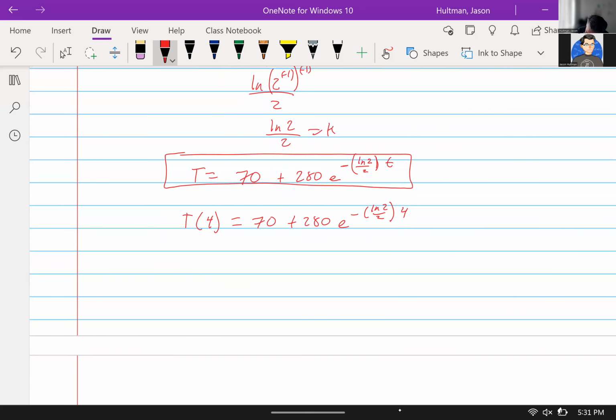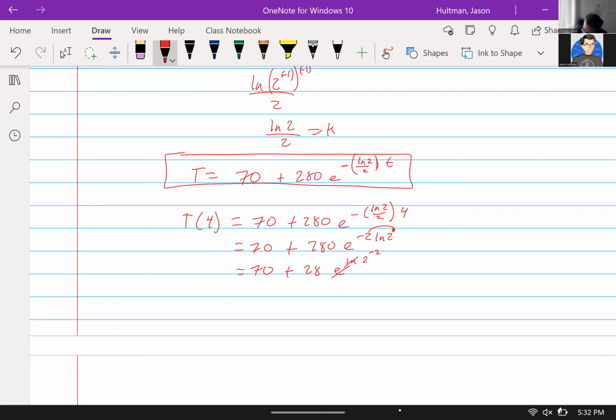So now let's simplify this. This becomes 70 plus 280 e. This negative and 4 are going to cancel with this 2, leaving me with a -2 natural log of 2. Again, I can make this the exponent now. And so this becomes 70 plus 280 e to the natural log of 2 to the -2 power.